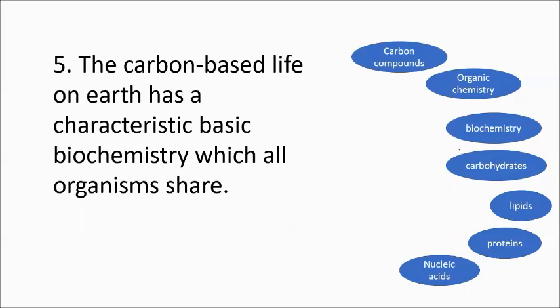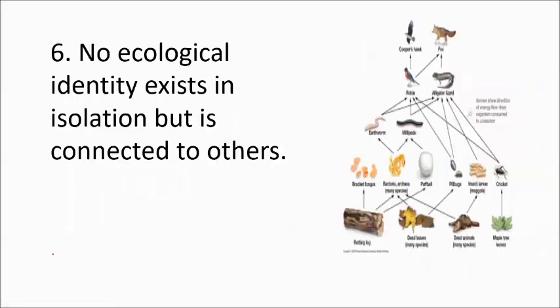So which can be represented using around 25 elements. But the very base is really carbon. So this principle also allows one to identify stoichiometric chemistry. So next, number 6.